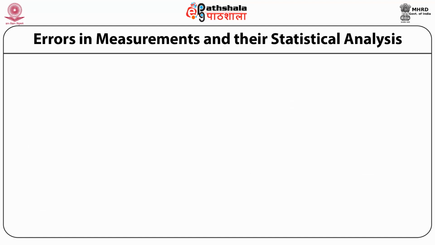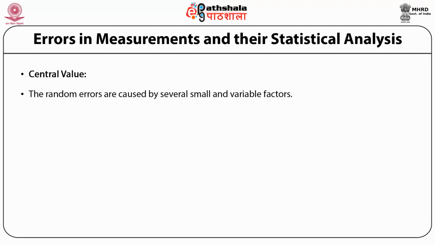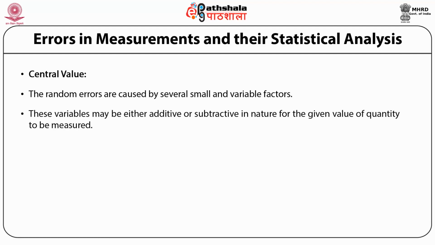Now students, let us see the central value. The random errors are caused by several small and variable factors. These variables may be either additive or subtractive in nature for the given value of quantity to be measured.